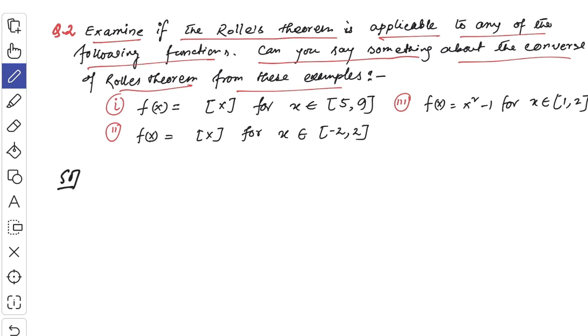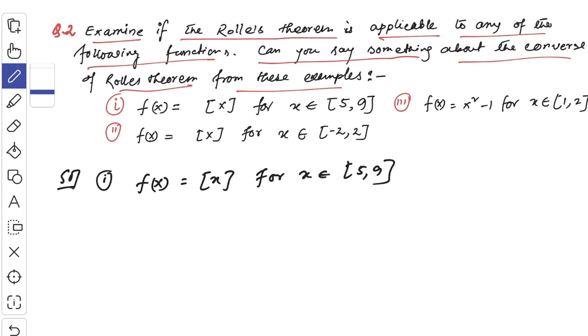Here the first function is f of x, the greatest integer function of x. Here the domain is x belongs to the closed interval 5 to 9. If you draw the graph of the greatest integer function, you will get a graph something like this.